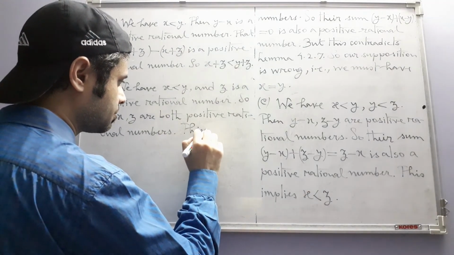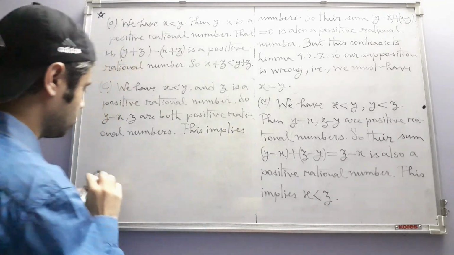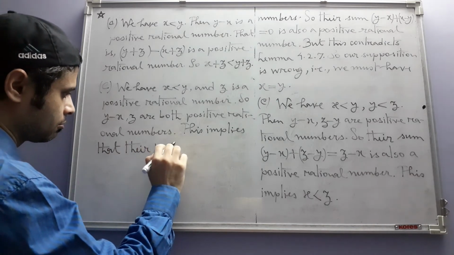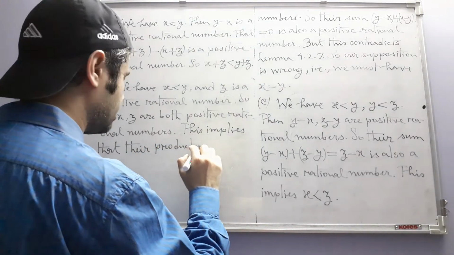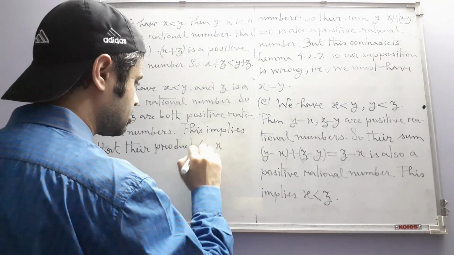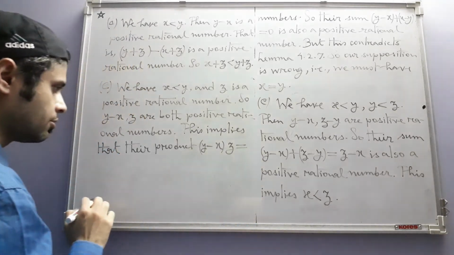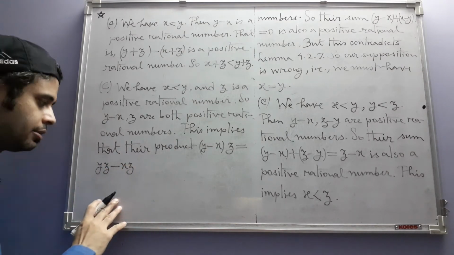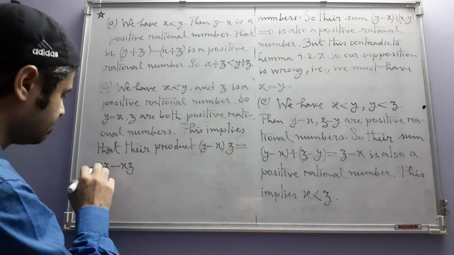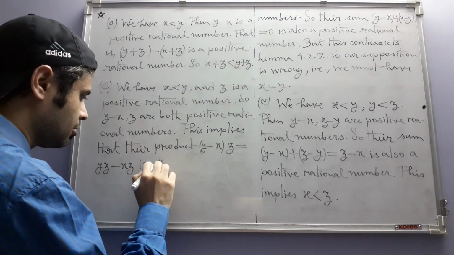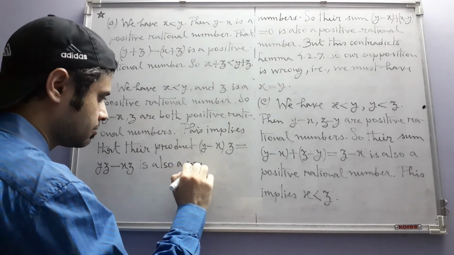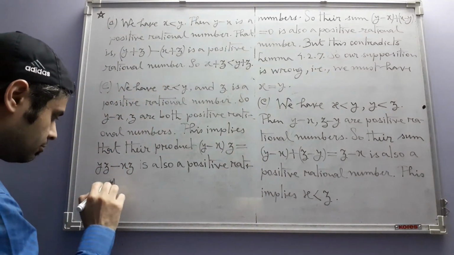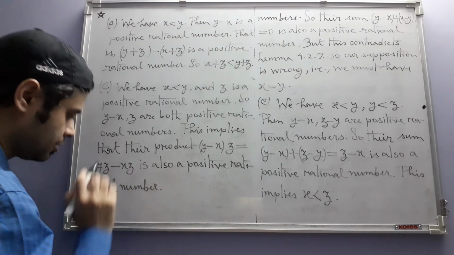This implies that their product, which is y minus x times z, and that turns out to be yz minus xz, using all the laws of algebra for rational numbers which we now have, is also a positive rational number.